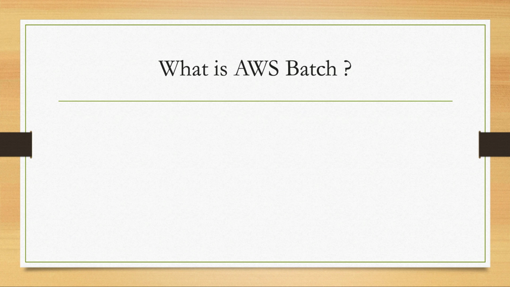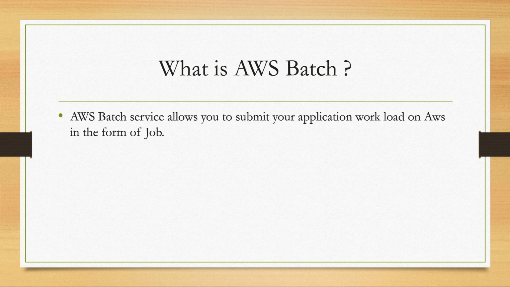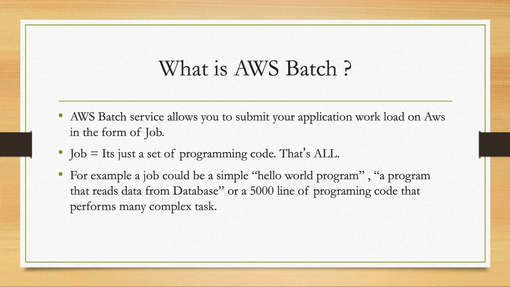So what is AWS Batch? AWS Batch Service allows you to submit your application workload on AWS in the form of a job. And what is a job? A job is just a set of programming code. That's all. For example, a job could be a hello world program, a program that reads data from a database, or 5,000 lines of programming code that performs many complex tasks.